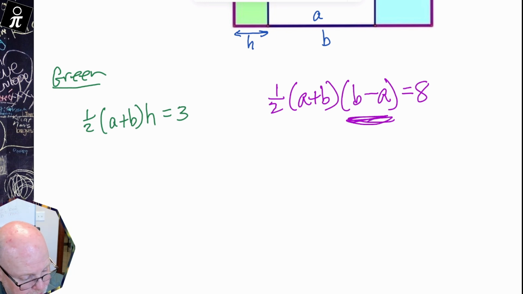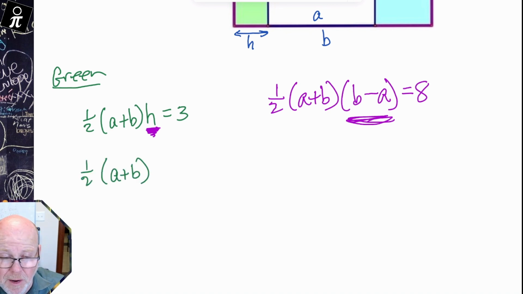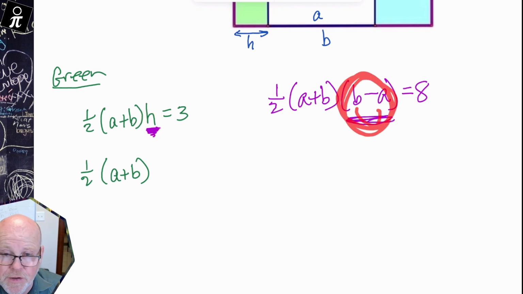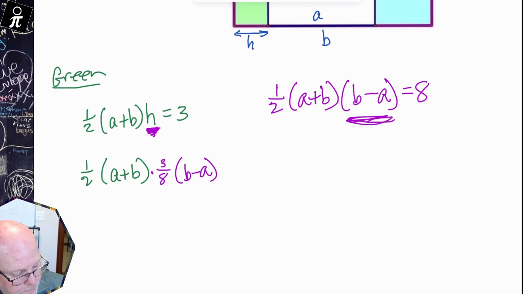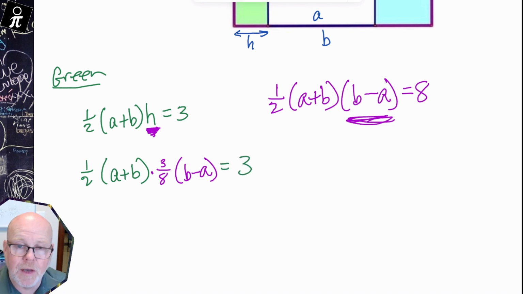I'm going to do a little switcheroo with this H. This stays 1/2 (A plus B), I'm not changing anything there, but now this height has got to be 3/8 of the other height. So I'm going to say times 3/8 of (B minus A), and that whole thing still gives me an area of 3.